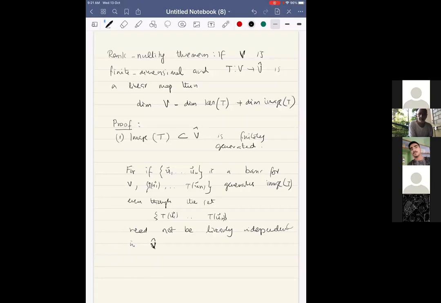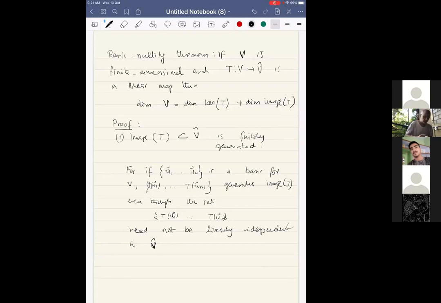No, they need not be. If U1 to Un is a basis, should TU1 to TUn be a basis for the image? No, they need not be a basis for the image. That is my point. But they will span the image, but they need not be linearly independent.